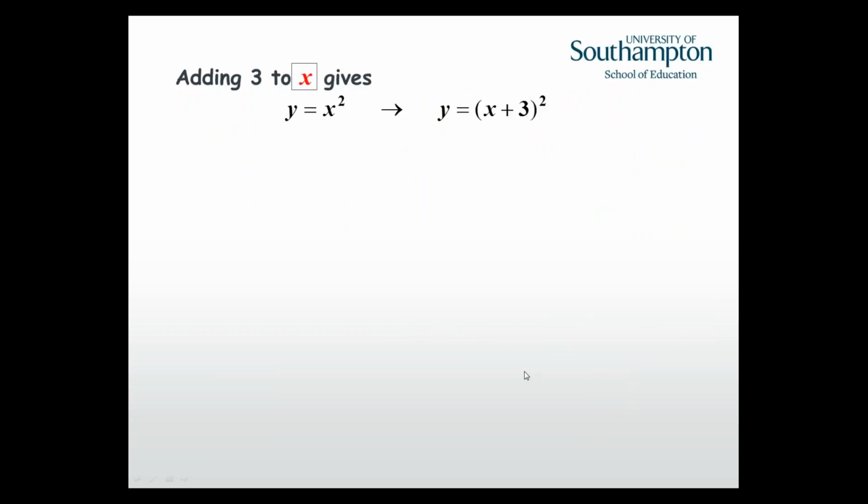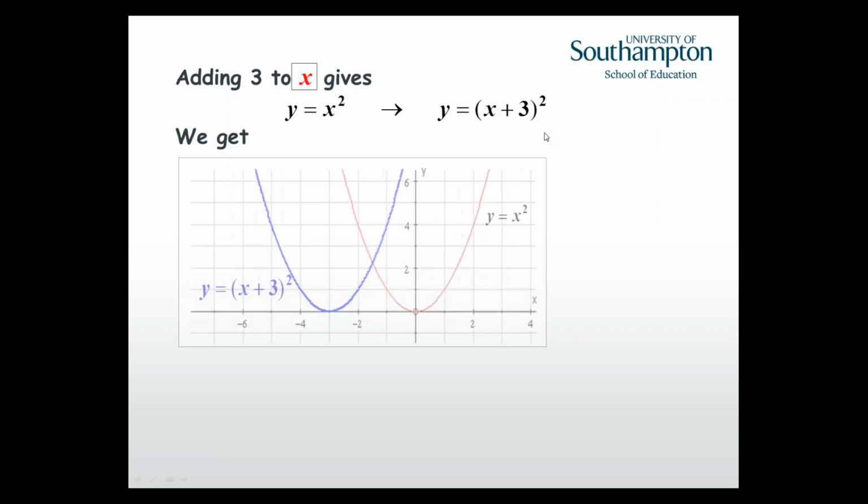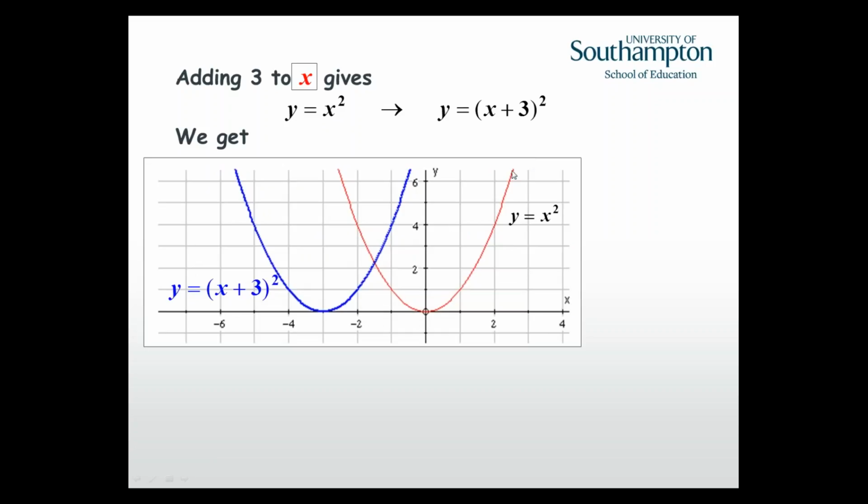If I add 3 to the x itself, and then we square it because that's what we're doing for this function, what actually happens is, this is my original graph, x squared. This is my graph of y equals x plus 3 all squared. It's moved the graph to the left by 3.